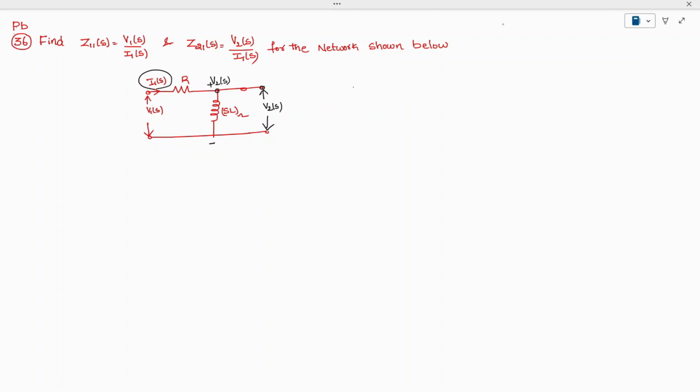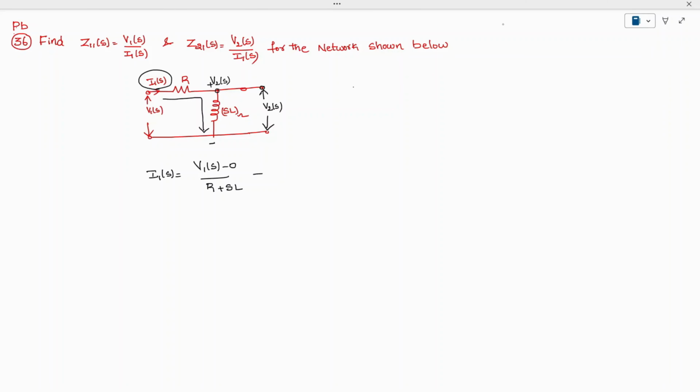I want the value of I1 of S. I1 of S is equal to V1 of S minus 0. You can see these two branches are connected in series and these two are resistances. Then I can write V1 of S divided by R ohms plus SL ohms. This is I1 of S.